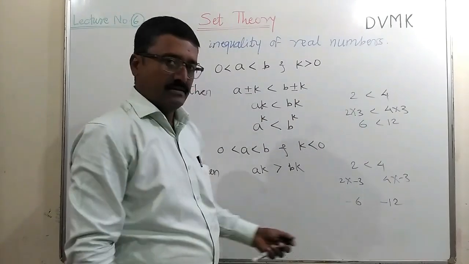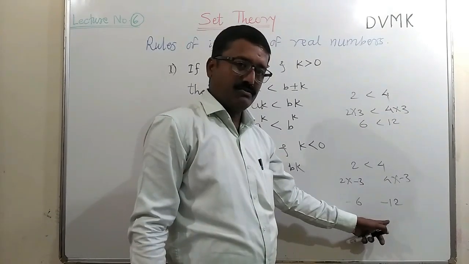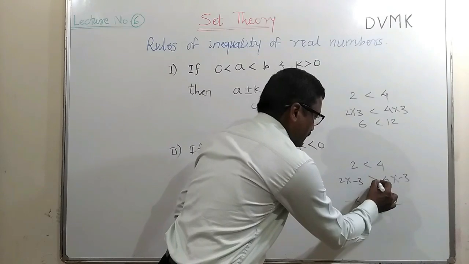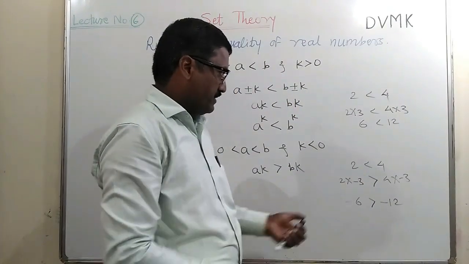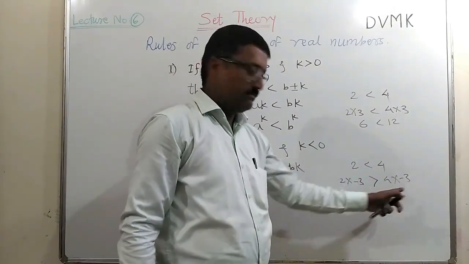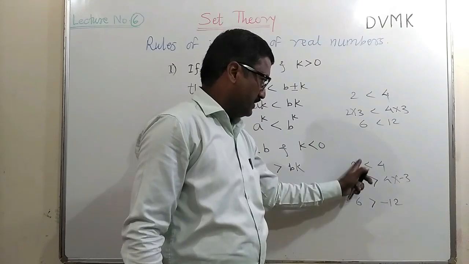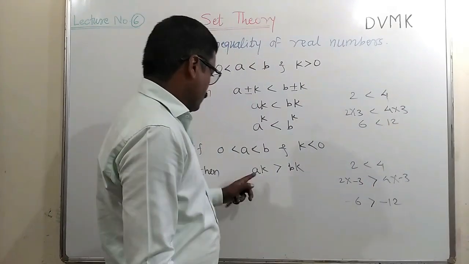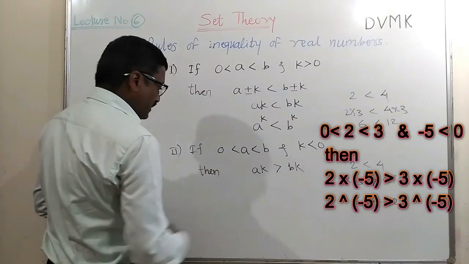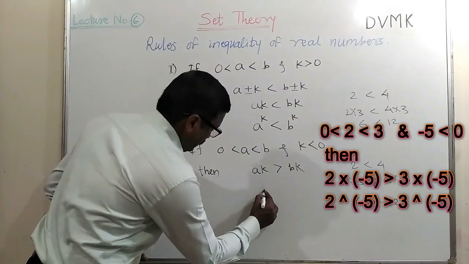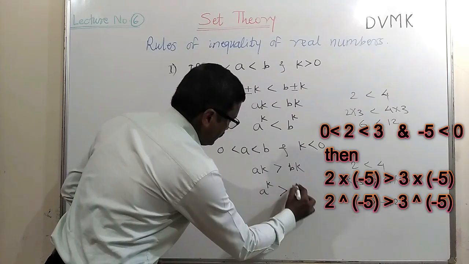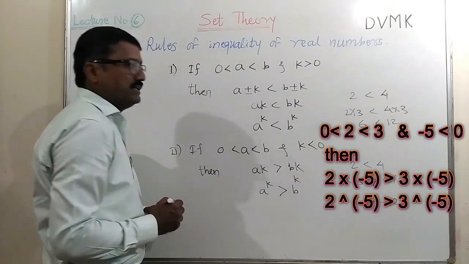Here which one is greater, minus 6 or minus 12? Obviously minus 6 is greater. So whenever we multiply this inequality by a negative number, the sign of inequality gets changed. So AK is greater than BK. Similarly, A raised to K is also greater than B raised to K, because K is negative.